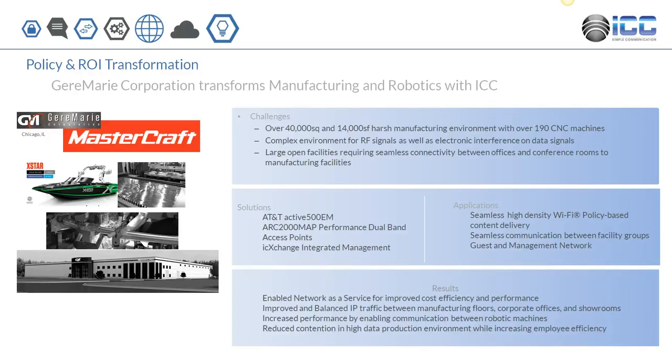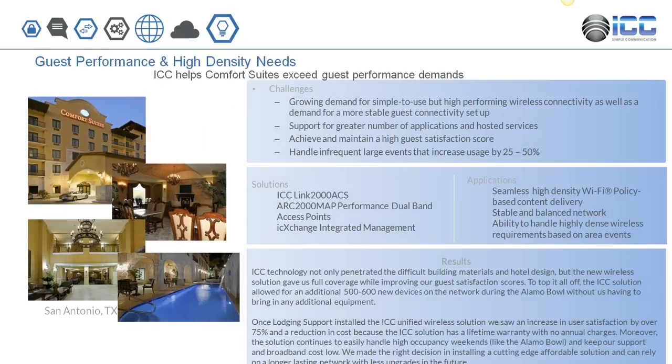The resulting deployment by our service provider resulted in a network as a service to improve cost. Also, it improved and balanced the IP traffic between manufacturing floors, corporate floors, and showrooms and guest environments as well, increasing the performance over a longer period of time and reduced contention for a high data networking environment.